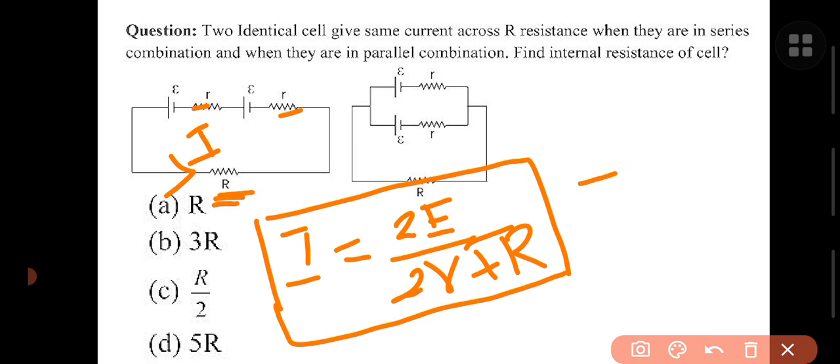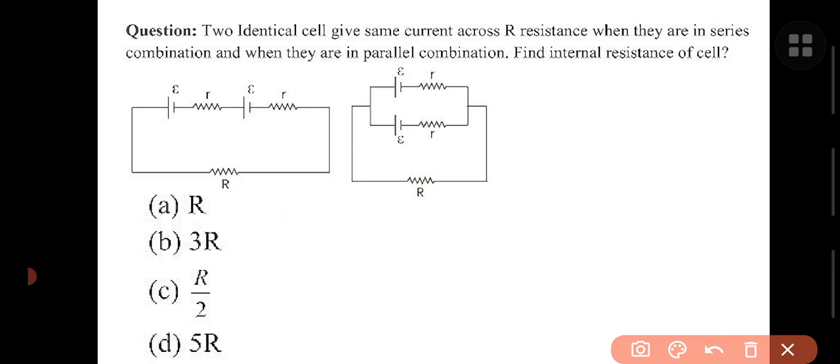This is for circuit number 1. Now for circuit number 2, the same current I is flowing through the resistor R. How to find out I?